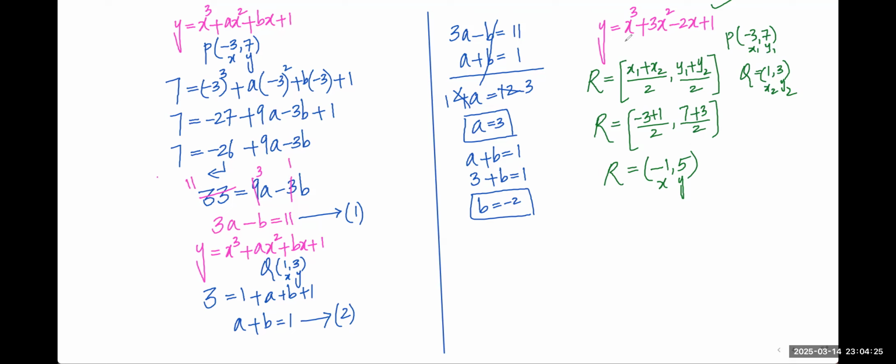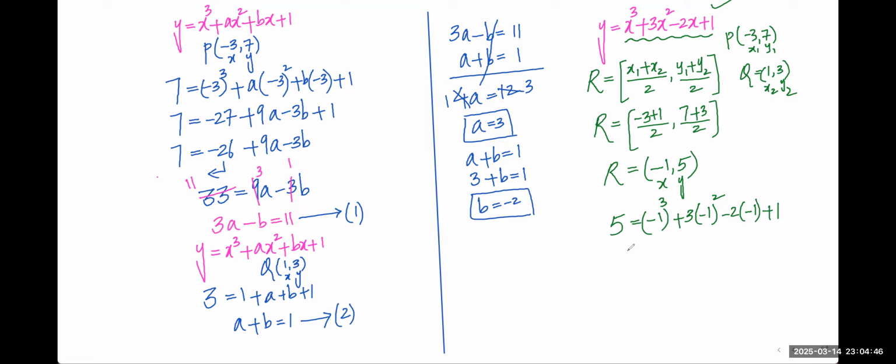Okay, this curve. Let us put the y value 5 equal to (-1) to the power of 3 plus 3 into (-1) squared minus 2 into (-1) plus 1.